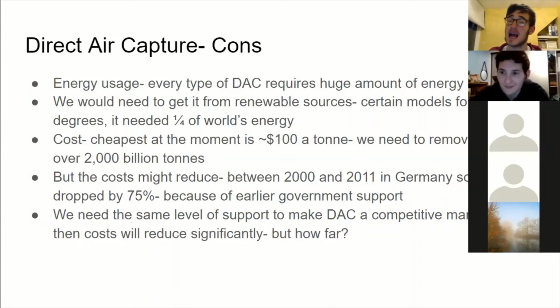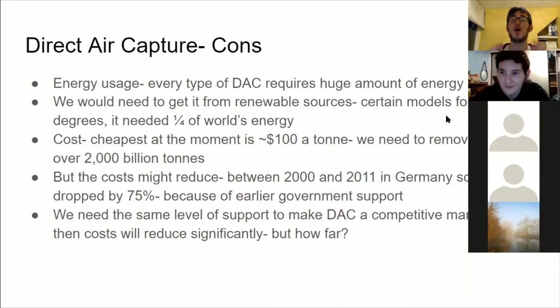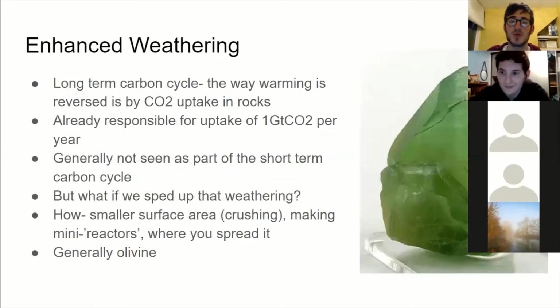But the question is, can we create that marketplace? And also, how far can this reduce the costs? And how far can this innovation also reduce the energy uses as well? These are questions that we need a lot of innovation so we can answer. This is why we need government support, why we need company support, why we need this movement for climate restoration, because we're able to generate that degree of support.